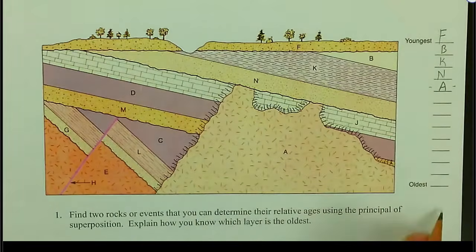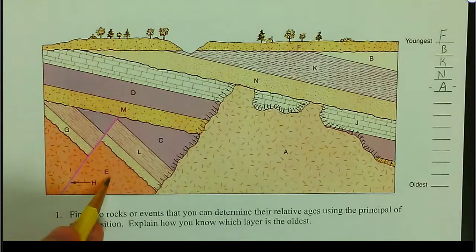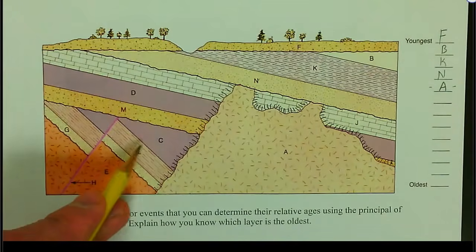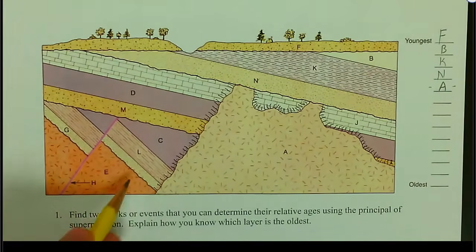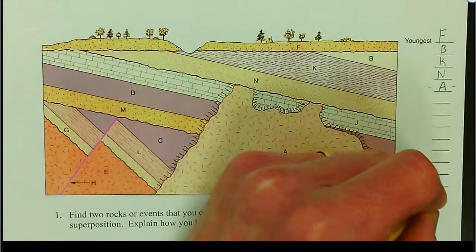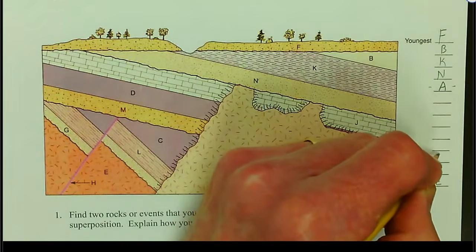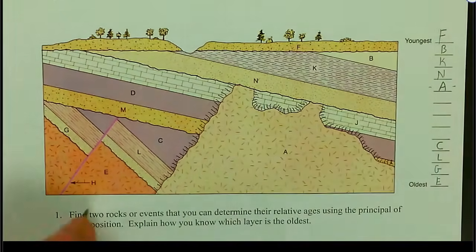All right, let's see if we can get what's going on over here. I've got E, G, L, and C. E, G, L, and C are the oldest. Then they were tilted.